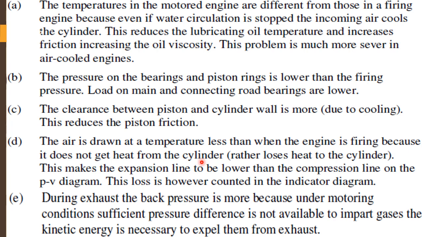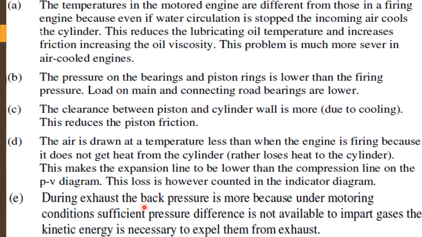Engine temperature is high when firing, but when we cut off the fuel supply there is no firing, and because of that this is observed. During exhaust, the back pressure is different, because under motoring conditions sufficient pressure difference is not available to impart the kinetic energy necessary to expel the gases from the exhaust.